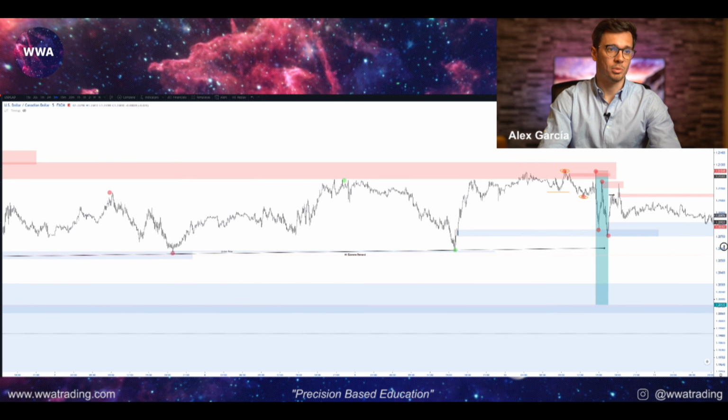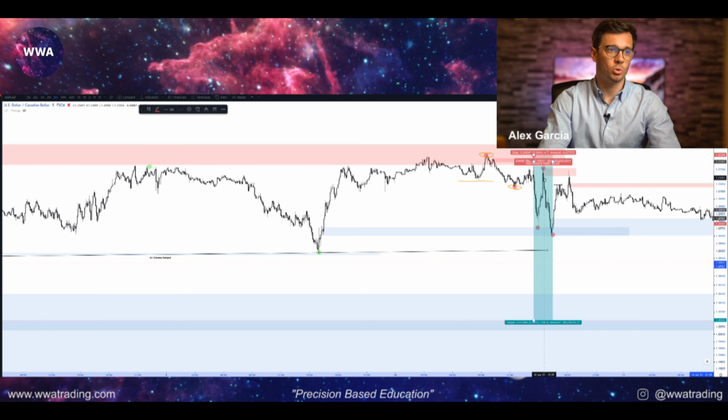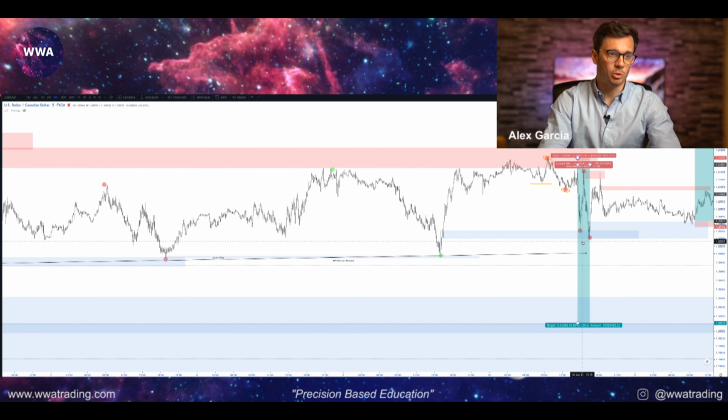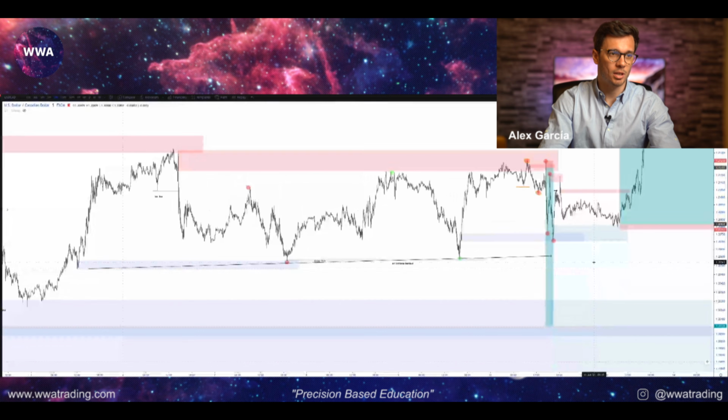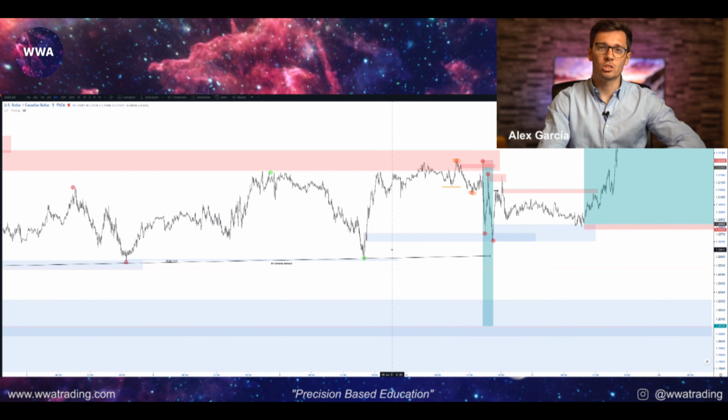So as I was mentioning before, we had positions 1, 2, and 3 that we'll show here on the screen, and that we were partialing out objectively on demand, but potentially we wanted to come a little bit lower. But at the same time, because we knew all these confluences and this trade idea were formulated from before, understanding the accumulation, understanding that we're coming from a higher time frame demand, and that we just created a new leg to the downside, we can expect some sort of retracement.